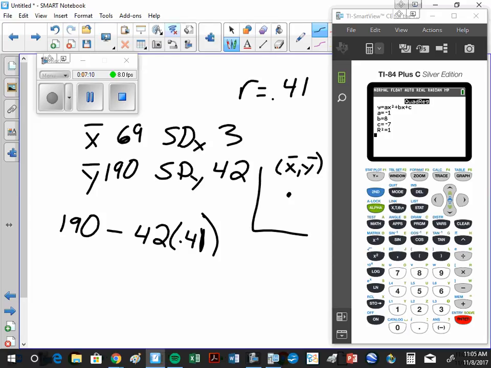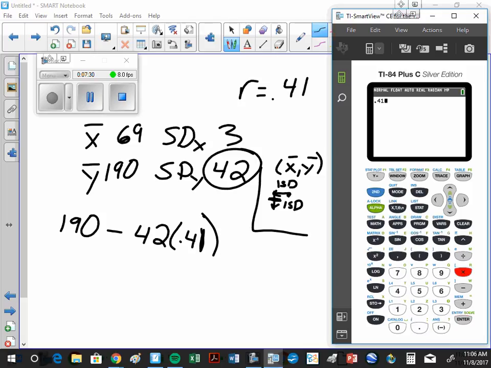We're going to go left 1 SD, which means we go down 1 SD, but it's not a full SD. It's 41% of that SD, so we're going to cut it off right here. And the Y bar is 42. 41% of that ends up being 17.22, and we're going to subtract that from 190, which gives 172.78.